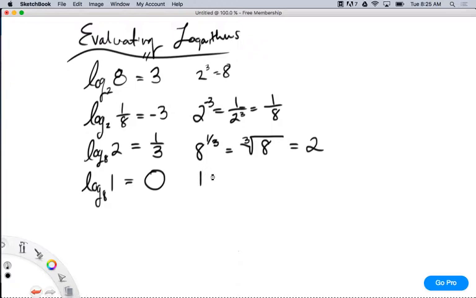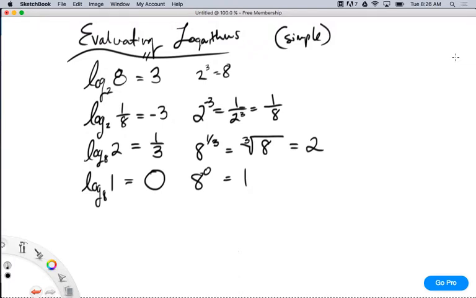Because 8 to the 0 is equal to 1. Okay? So those are all the simple ones. And if you don't understand that, you have that exercise that you can do on Khan Academy. You have all those videos. Any questions on any of these? Okay. So these are all the simple ones.